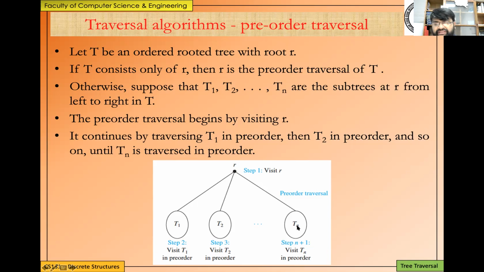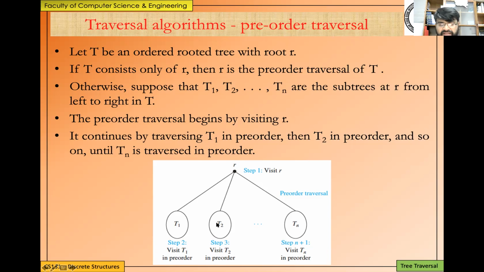Then the pre-order traversal begins by visiting R. Whenever you say pre-order traversal, you first visit R. That's the first step. Then it continues by traversing T1 in pre-order, moving to the leftmost child T1. That's step 2. Then it moves to the next child and traverses it again in pre-order.